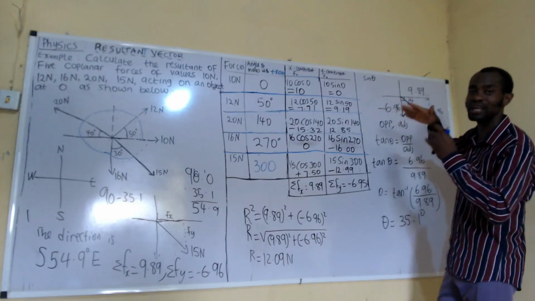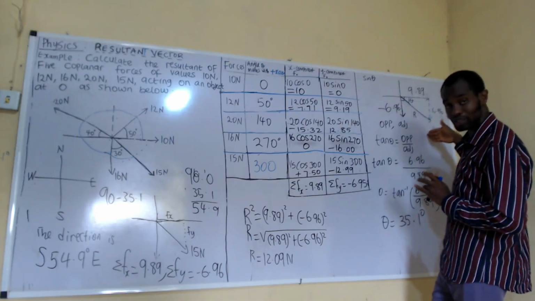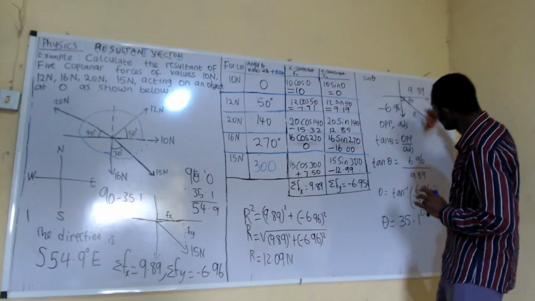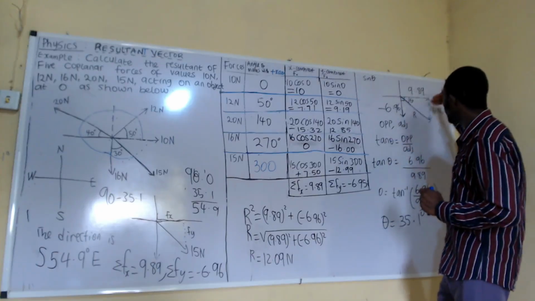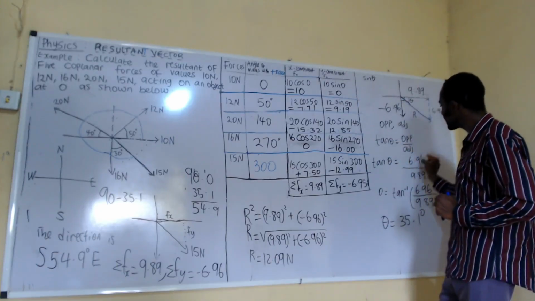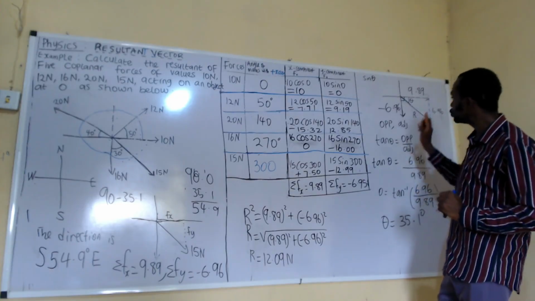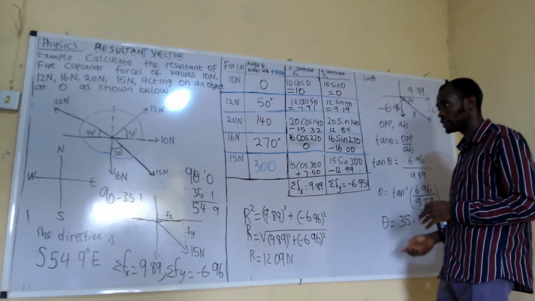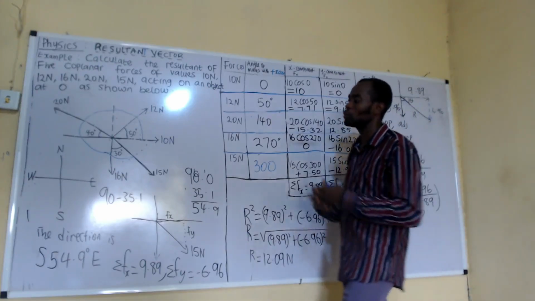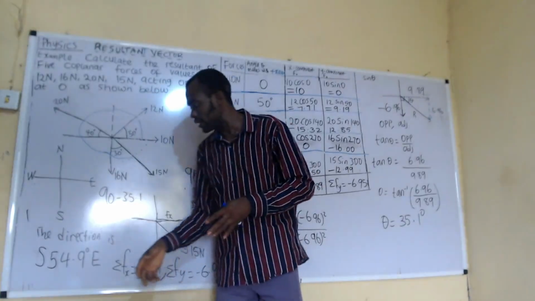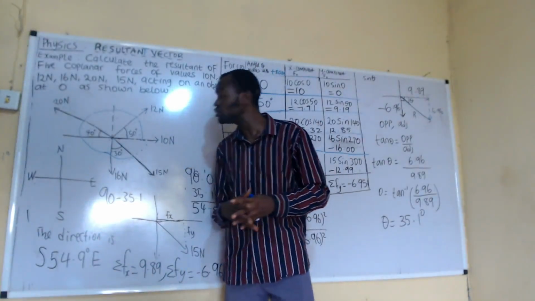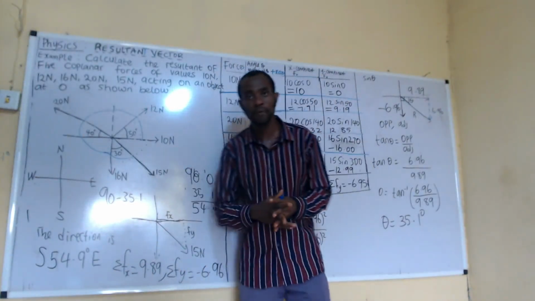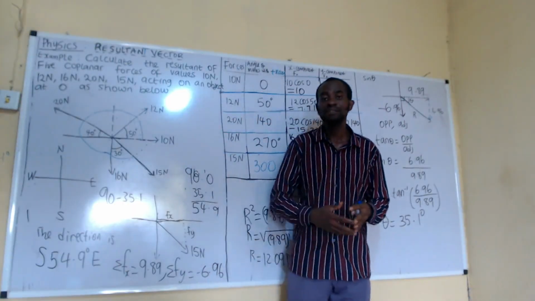The sign is only telling us the direction. We have already drawn it to the direction. It's going this way because of the negative sign. Now once you have that, you are only picking the values. Please do not take the minus sign with it. So this was the direction of the resultant vector. We can also use south, east, north, west, the four cardinal points, to give the direction.